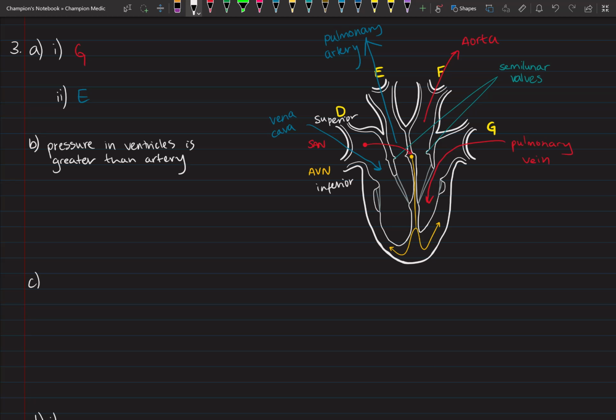So question 3c. What is the importance of this time delay that's created by the AVN? The idea is that it allows the atrium to empty its blood, and whilst that's happening, the ventricles fill up with blood.